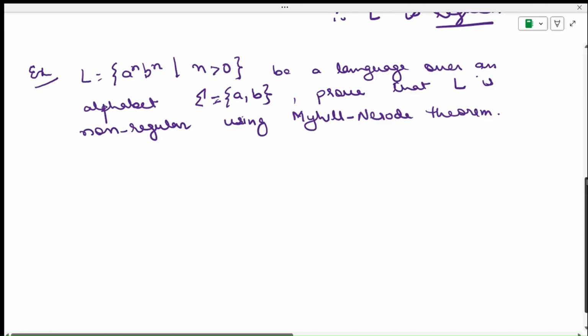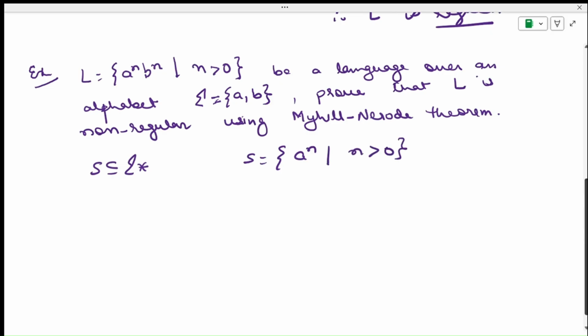It is a language over an alphabet sigma, {a, b}, and we need to prove that L is non-regular using the Myhill-Nerode theorem. What we need to do is find an infinite subset S of sigma star. So assume that S is a raised to the power n for n greater than 0.